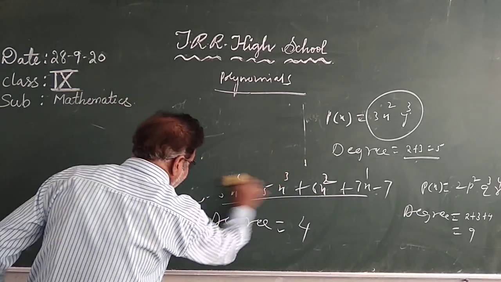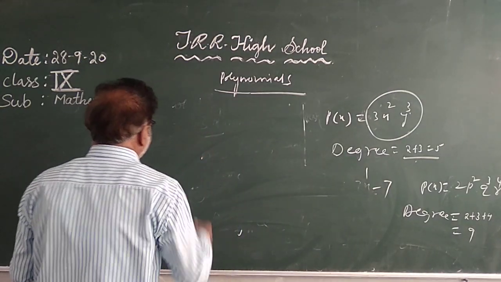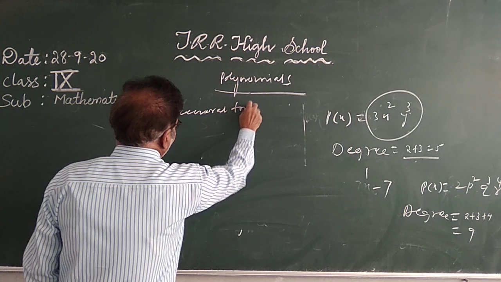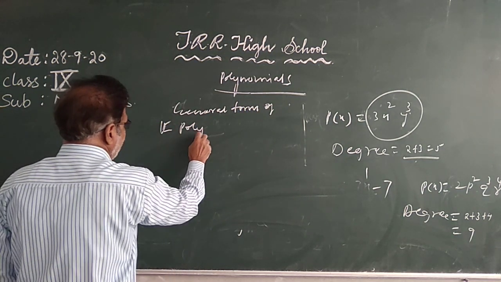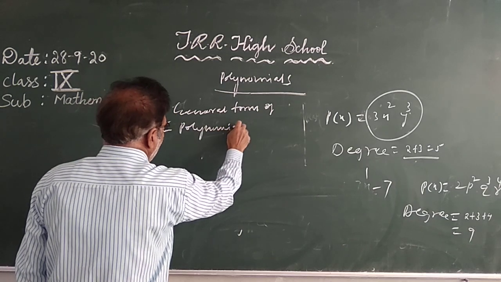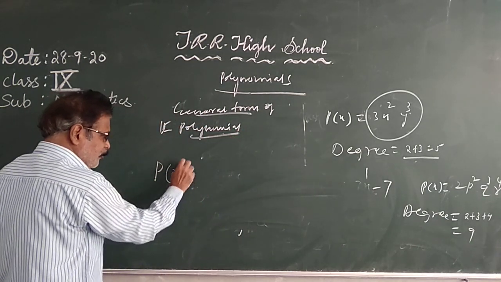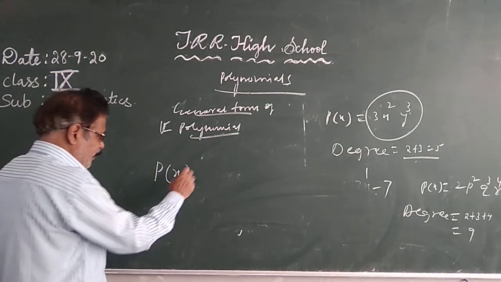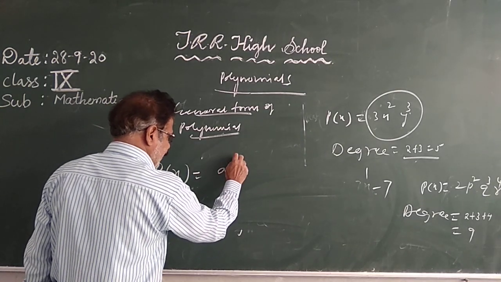What is the general form of the polynomial? Generally, the polynomial is represented by, as I told you, p of x, q of x, or r of x like that. P of x is equal to a_n x power n.